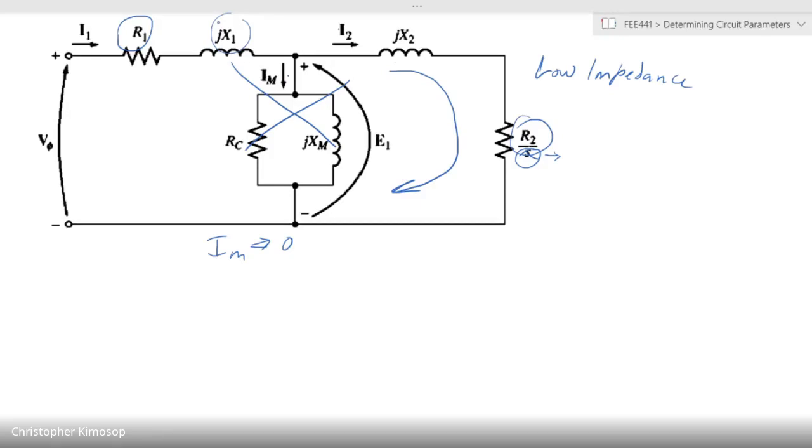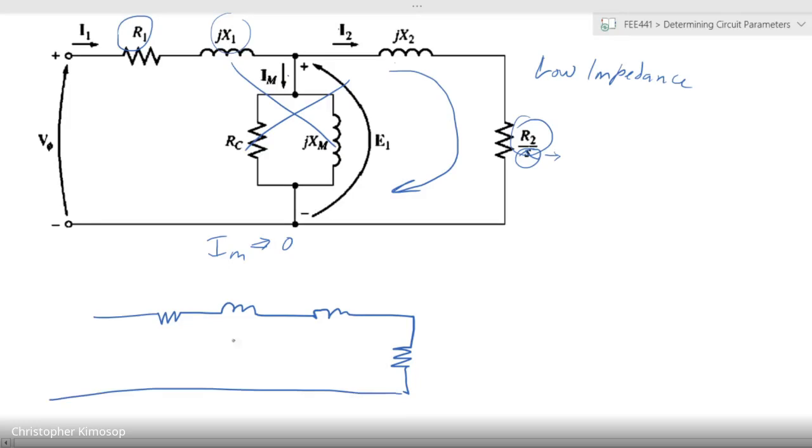Now, that would mean that you have a circuit that looks like that, with our V phase and our I1, let's call it I locked rotor.